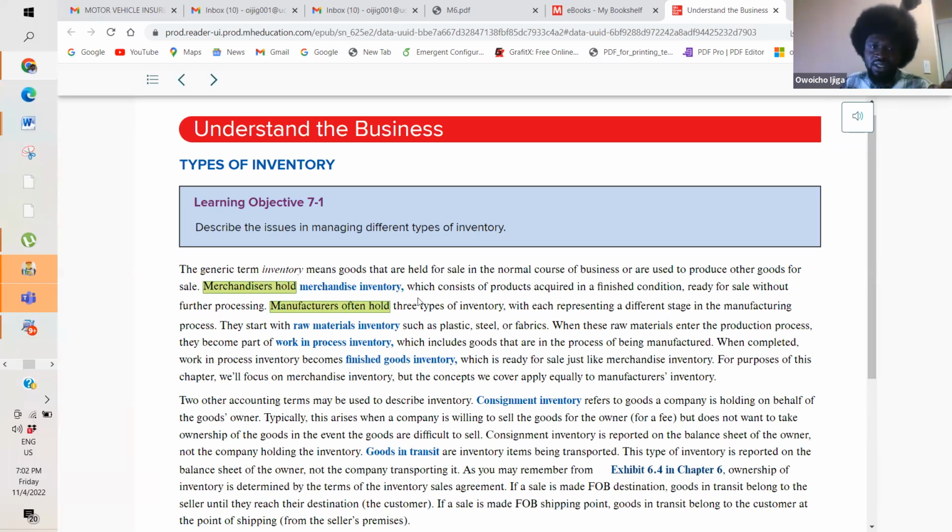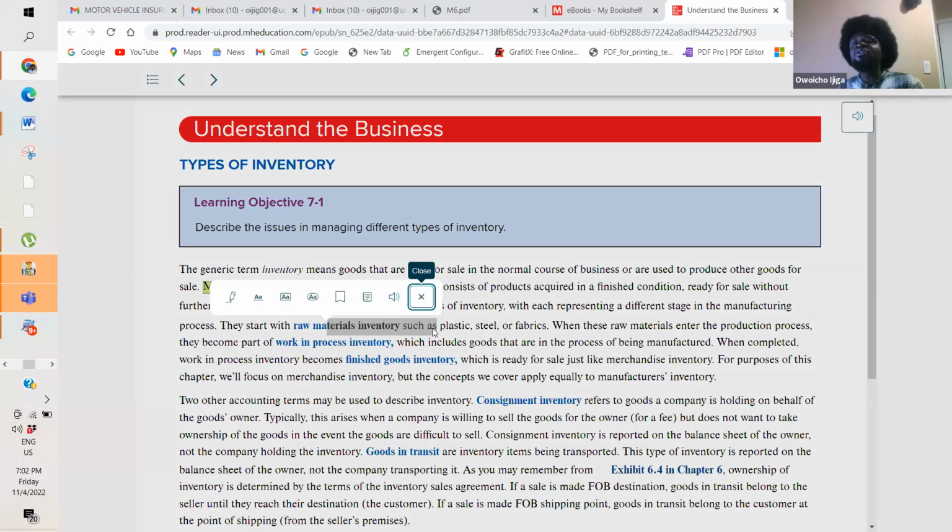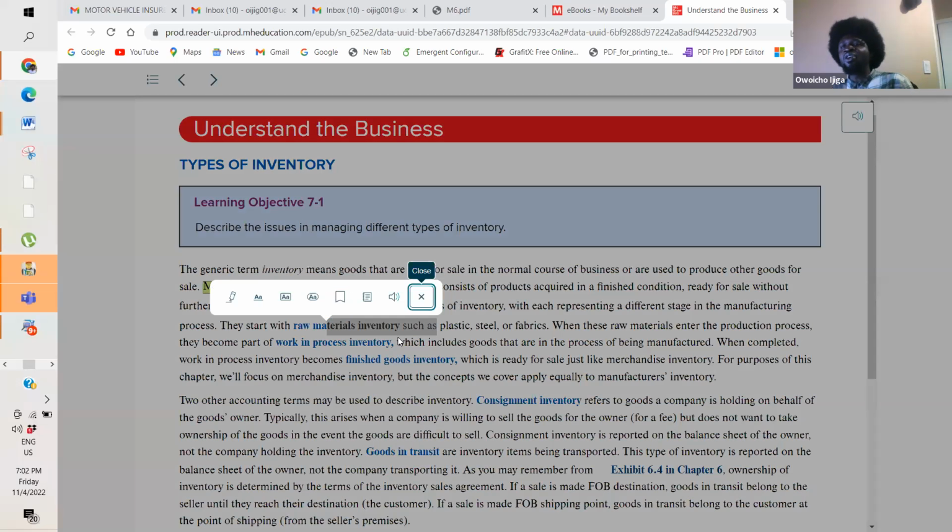So they're finished goods. But manufacturers, you can see here, they often hold three types of inventories. These are the raw material inventories, such as plastic, steel, or fabrics, or even agricultural products like rice, beans, and so on. And peanuts could be raw materials for the oil that we buy from Walmart.